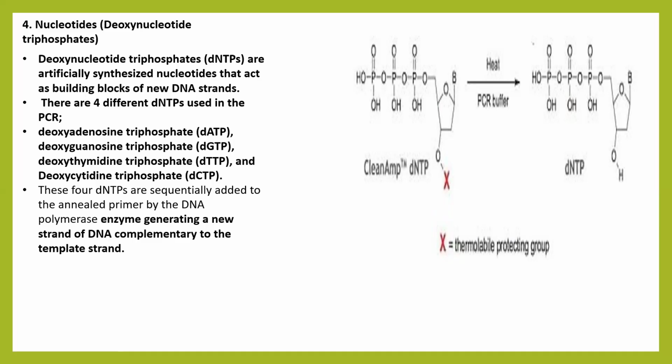These four dNTPs are sequentially added to the annealed primer by the DNA polymerase, which generates a new DNA strand complementary to the template strand.